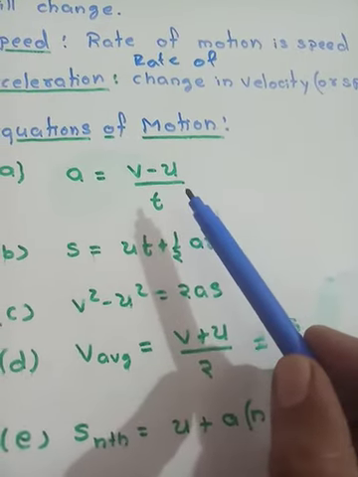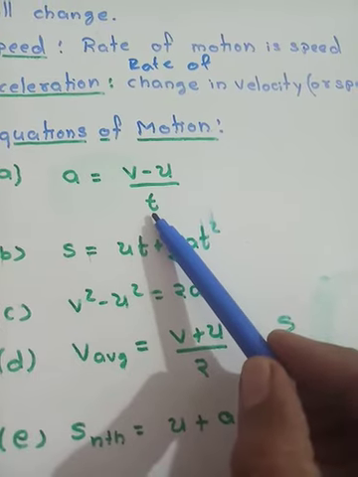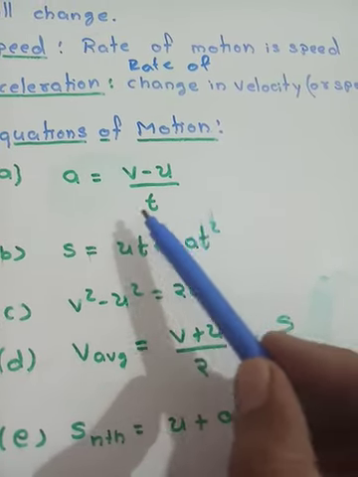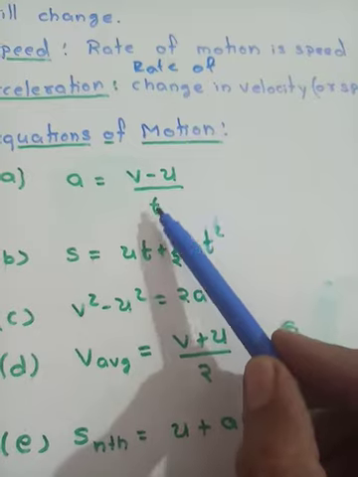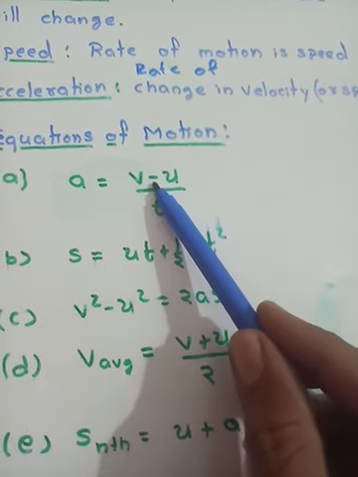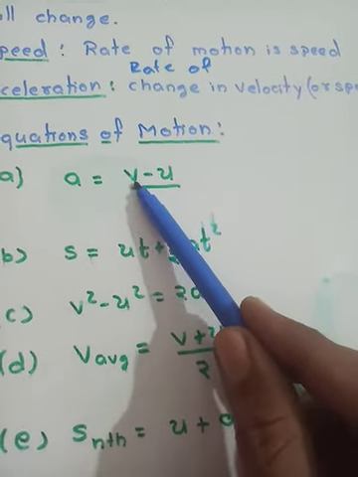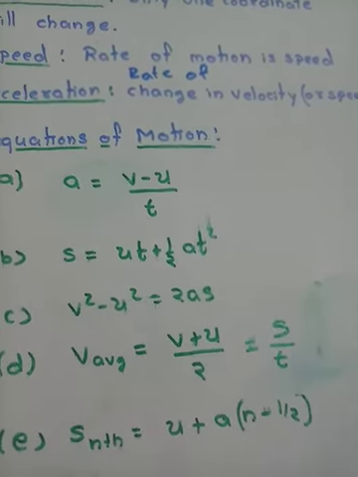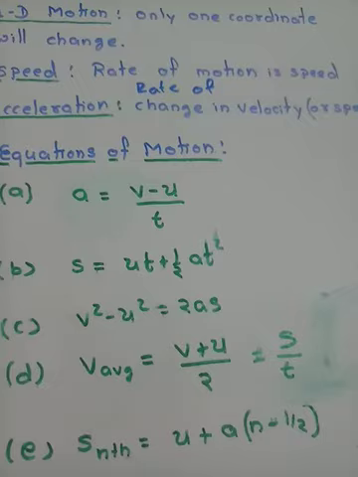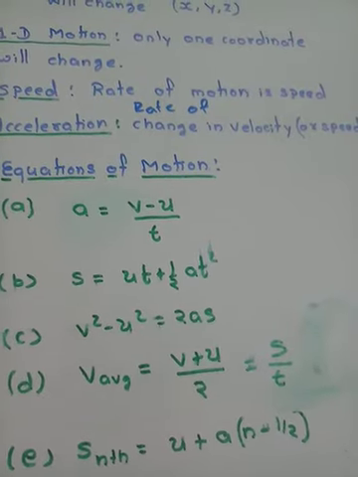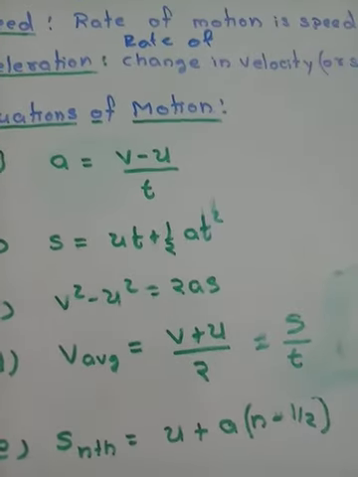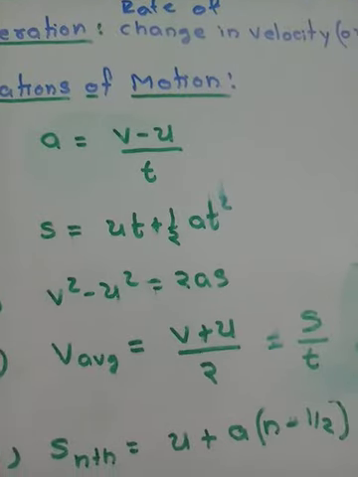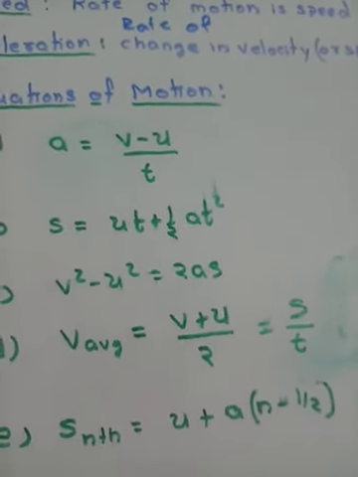And when I say rate of change of speed, it is divided by time. This is defined as acceleration. There is no need to derive this because it comes directly from a definition. So for the first equation, no need to worry how it is derived.